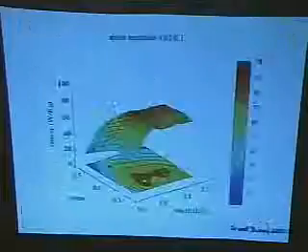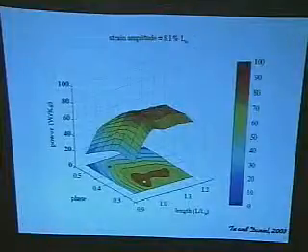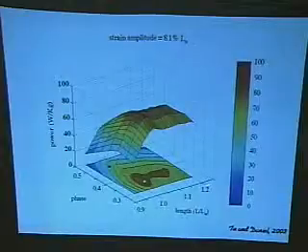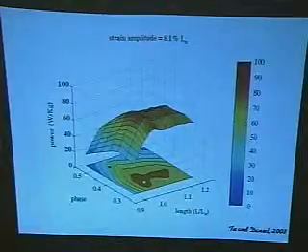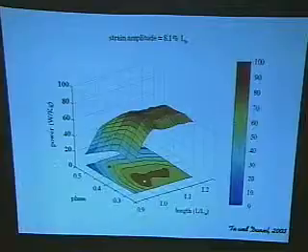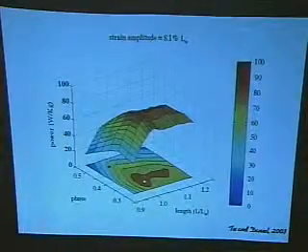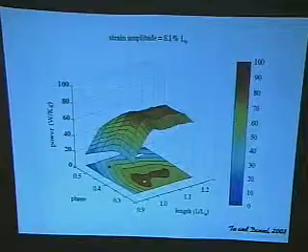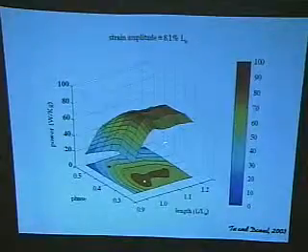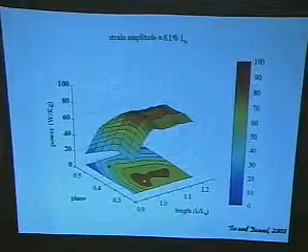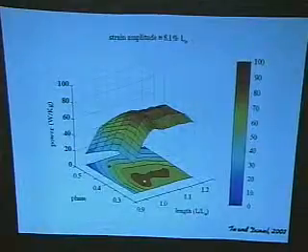And here's what we find. This is a plot of the length of muscle, the phase of activation, and the mechanical power output as measured by that work loop technique. And this is actually an experimental plot. We controlled many different phases, many different lengths, different rest lengths, different strain amplitudes, and the like.